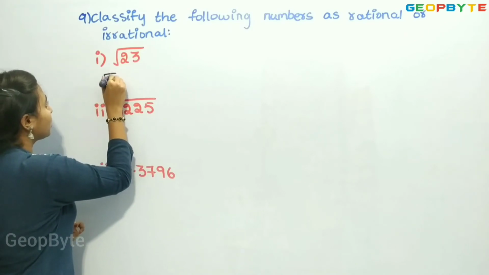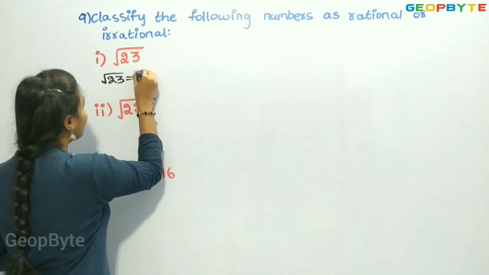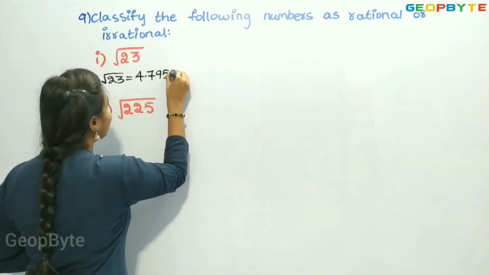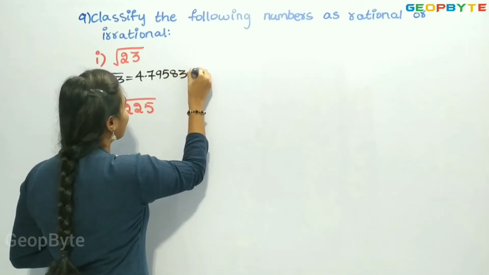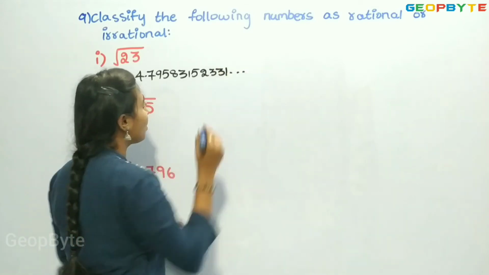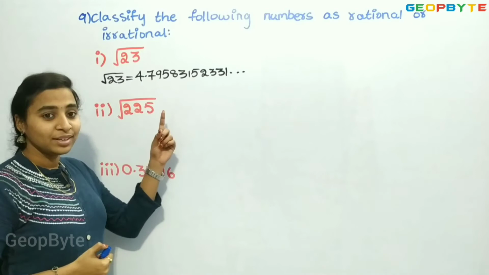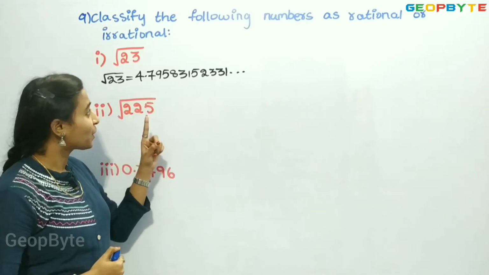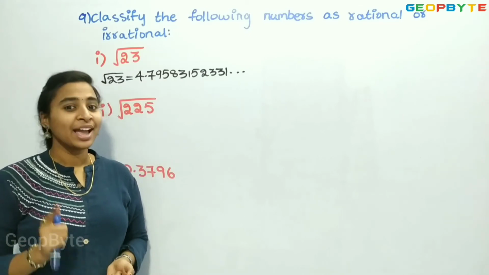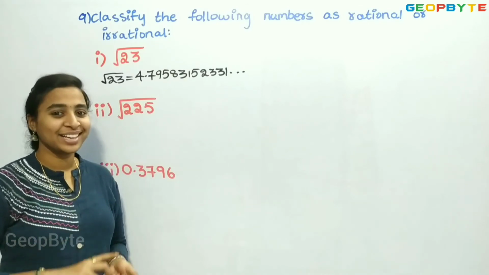Under root 23 is equal to 4.795831523331 and so on. Now if you see, the decimal expansion of root 23 is non-terminating and non-recurring. So it is an irrational number.